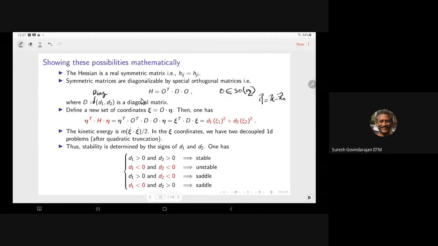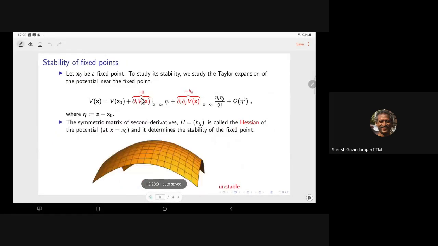So now, if you go back and look at this term, V of x, it's just H acting. So you can see that this term can be written as follows. It can be written as eta 1, eta 2, H, the short form for writing that.